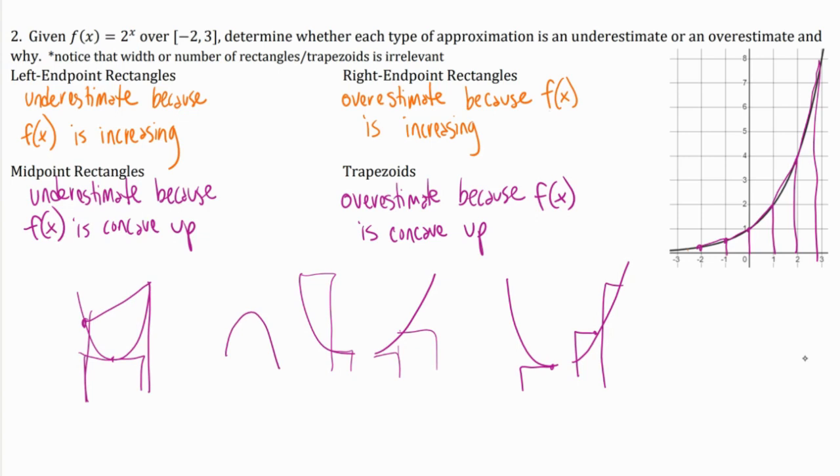Concave down: midpoint rectangles, over; trapezoids, under. So just do a quick sketch of one midpoint rectangle or one trapezoid or one right rectangle or whatever, and make it really obvious whether the function is increasing or decreasing or concave up or concave down so you can figure it out.